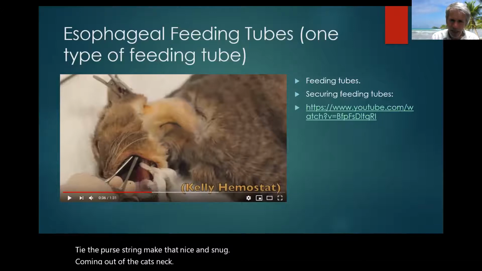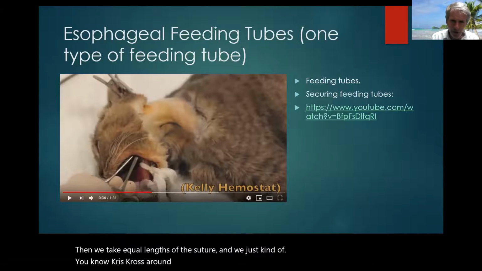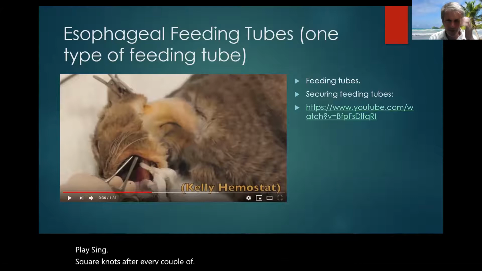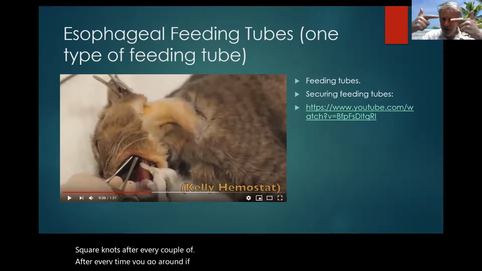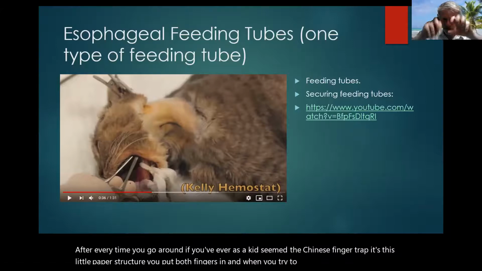Then we take equal lengths of the suture and crisscross around and around the tube, placing square knots every time you go around. If you've ever, as a kid, seen the Chinese finger trap, it's a little paper structure you put both fingers in, and when you try to pull your fingers out, it tightens around them.